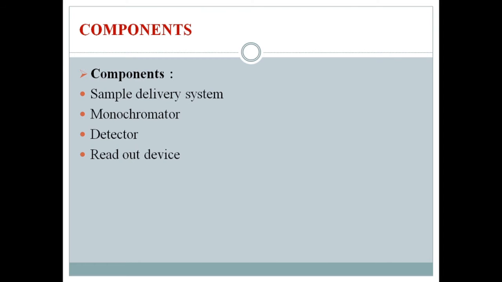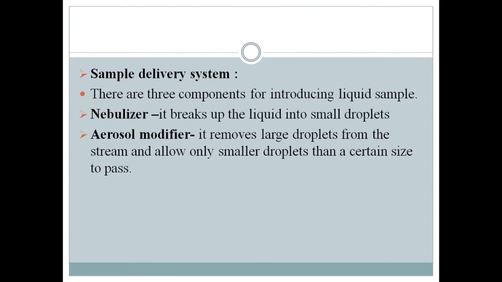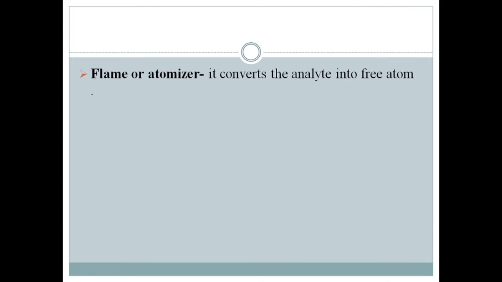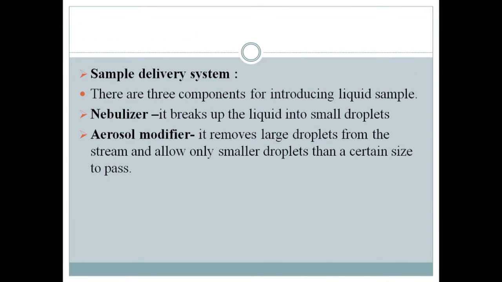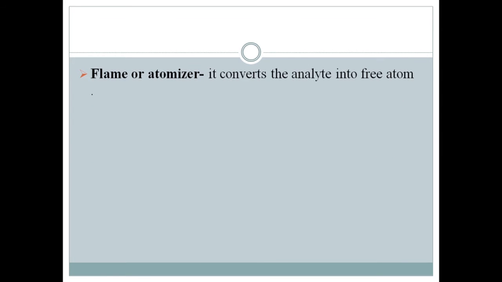Then there is the flame or atomizer, which converts the analytes into free atoms. These three points are in the sample delivery system: nebulizer, aerosol modifier and flame or atomizer.